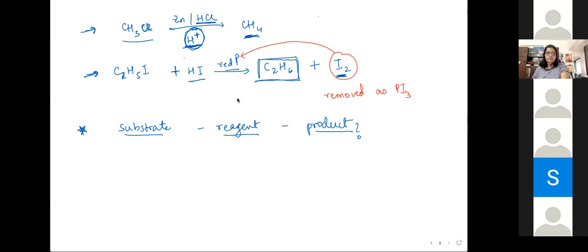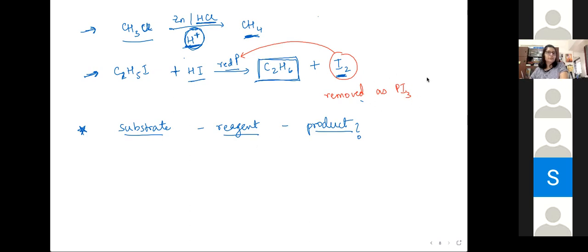And instead of writing removed as PI3, can't we just simply say C2H6 plus PI3? I had mentioned this because, again, if you get, let's say, an assertion reason question about the presence of red phosphorus, it can react with I2 and you can remove this as PI3. Can I add one more point?